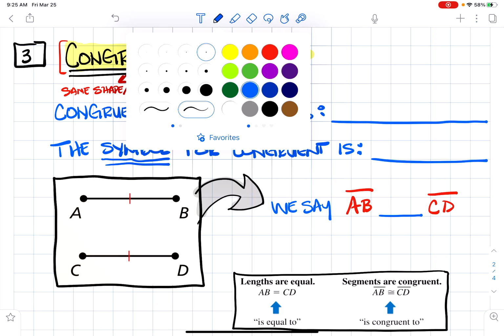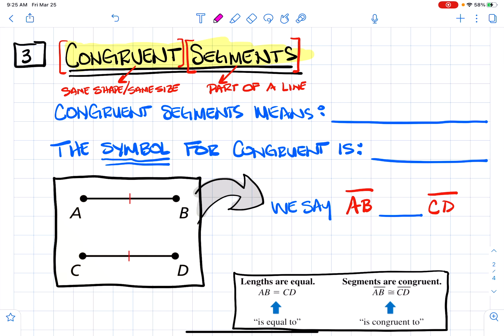Okay, box 3 is all about something called congruent segments. I want to begin by making sure you understand what these words mean. When you see the word congruent, think same size, same shape. And when you see the word segment, think part of a line.